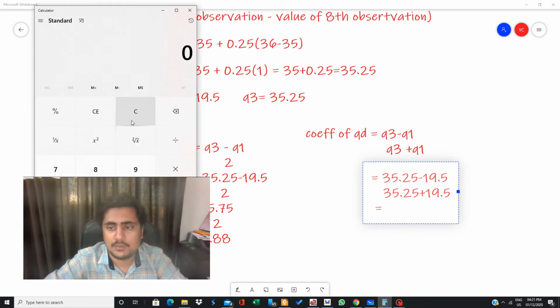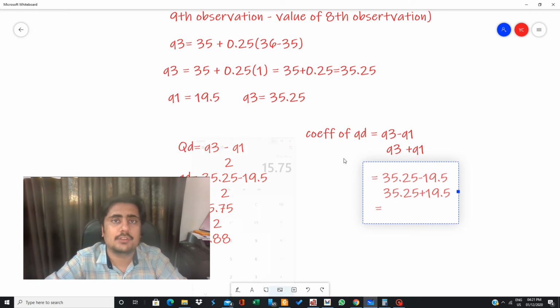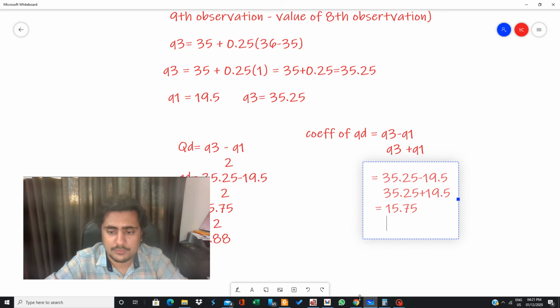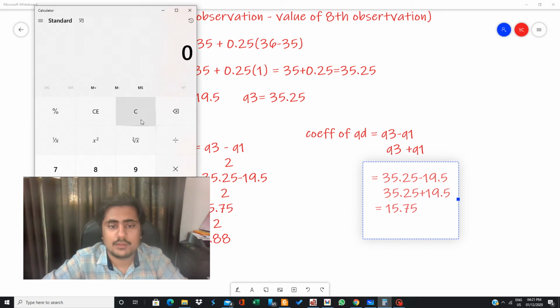So now what is 35.25 minus 19.5? It is 15.75. And here, 35.25 plus 19.5 is 54.75.